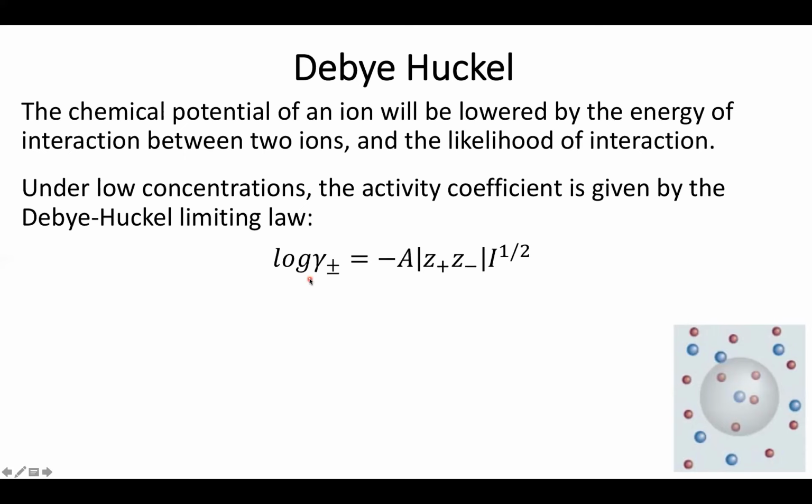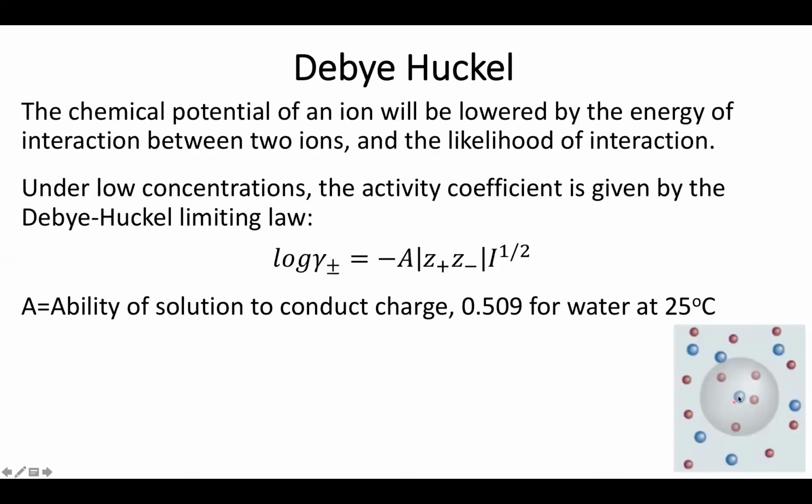The first is going to be the ability of our solution to conduct charge. Because if I'm in a solution that is a really good insulator, well, these species may as well be ideal because they won't really interact with each other.